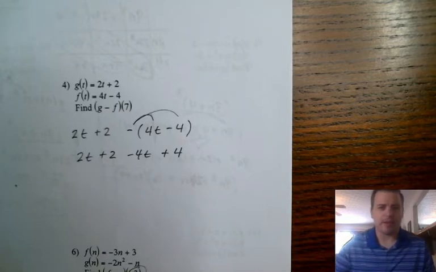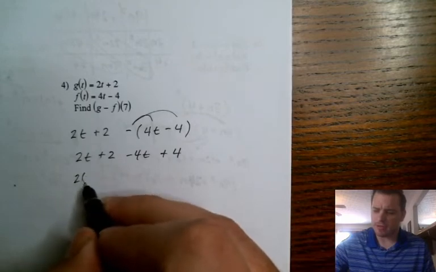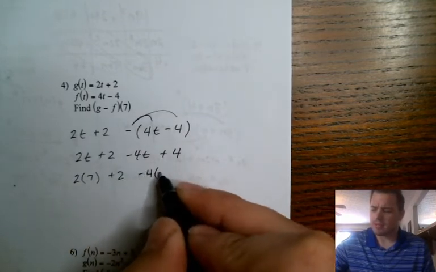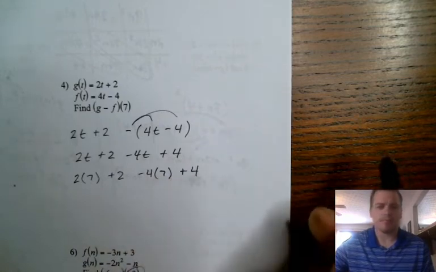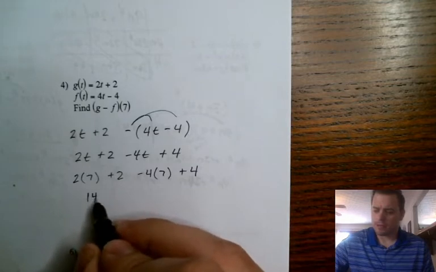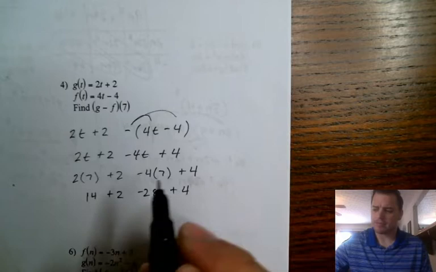Now, I just went ahead and did that, but you could have put 7 in there, but now I'm going to put 7 in. So 2 times 7 plus 2 minus 4 times 7 plus 4. So that's 14 plus 2 minus 28 plus 4.